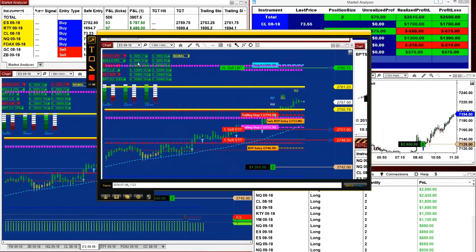Then on the side here, we have two different market analyzers. The two different market analyzers go from 1 minute all the way to 30 minutes. 1 minute, 3 minutes, 5 minutes, 10 minutes, 15 minutes, and 30 minutes on two different racks right there.